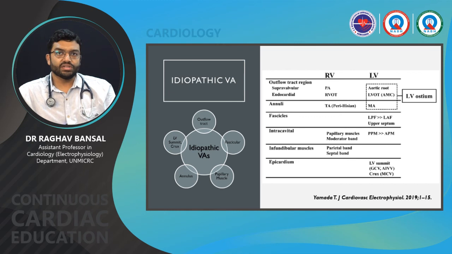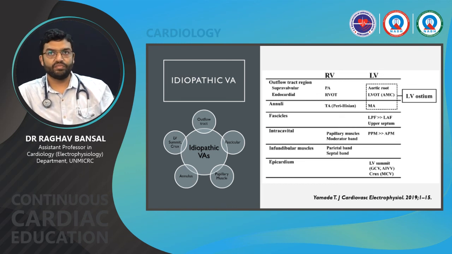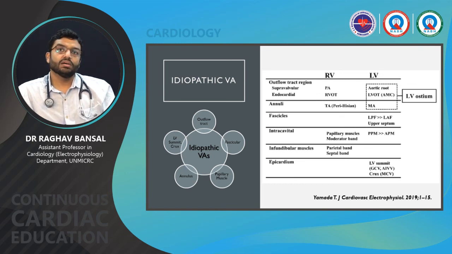Then intracavitary structures can also cause these idiopathic VTs, which will include the papillary muscles, in which the posterior papillary muscle of the left ventricle is more common, and rarely right ventricular papillary muscles or moderator band can also give rise to these arrhythmias. Then there are infundibular muscles on the right side, including the parietal band and the septal band, which can cause these arrhythmias.